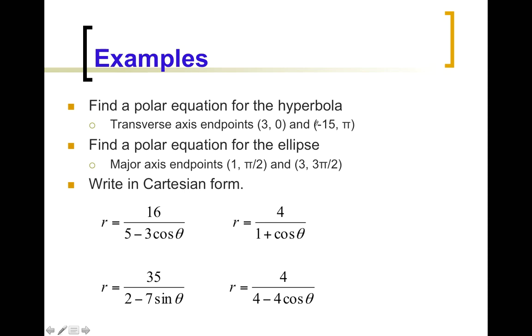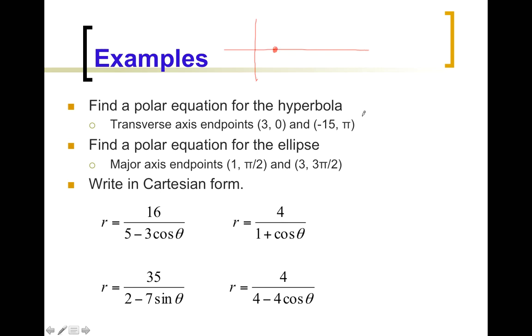So you need to look at them and go, okay, what does this mean? We have a hyperbola, and it has transverse axis endpoints of 3, 0 and negative 15, 0. Now this is 3, 0 because we go 0 radians.